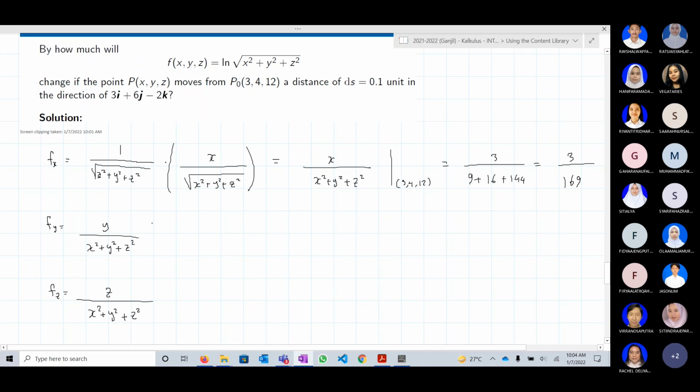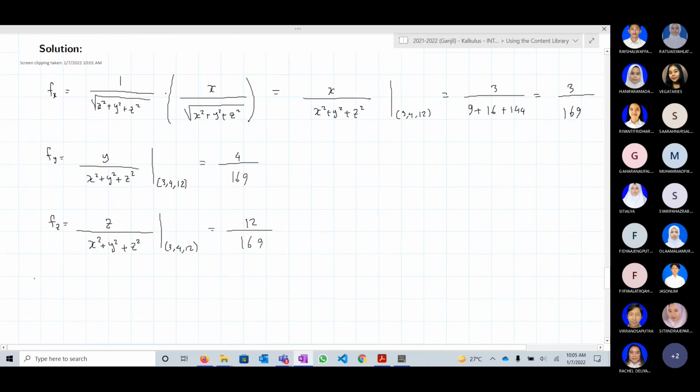And fy, if we evaluate at 3, 4, 12, this is 4 over 169. And if we evaluate fz at 3, 4, 12, we have 12 over 169.